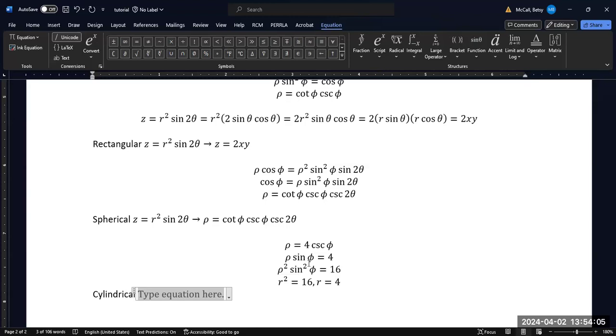Our original problem was rho is equal to 4 cosecant phi. And from spherical to cylindrical, we end up with r equals 4. Now, since we know that r squared is equal to rho squared sine squared phi, we do in principle have the identity that r is equal to rho sine phi, so you could go there directly, but it depends on what formulas you have in your list.